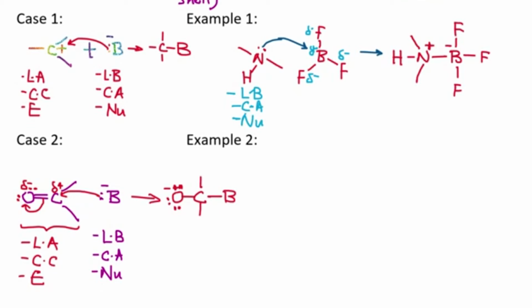An example of this is shown here, where we have a specific phenyl group, and this phenyl group is bonded to a specific branch that is an aldehyde.